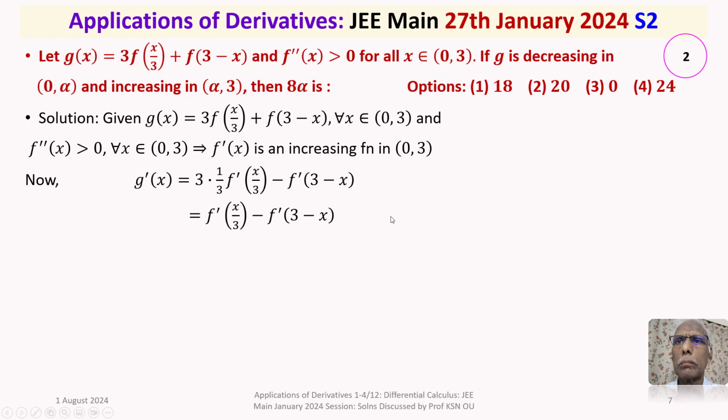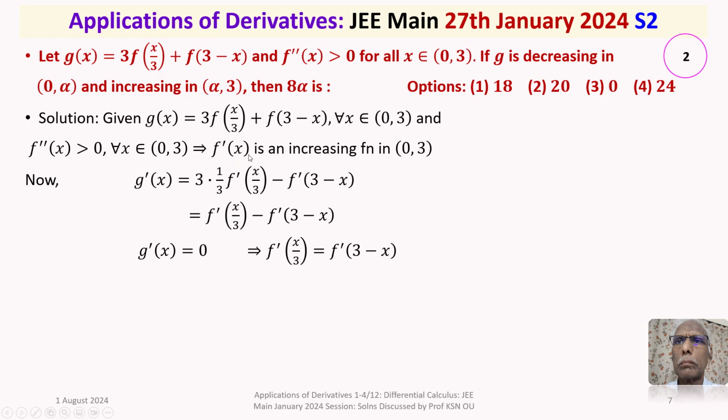Right. Now, to get the critical points, we put g prime x is equal to 0. That means f prime of x by 3 minus f prime of 3 minus x is equal to 0. That means f prime of x by 3 is equal to f prime of 3 minus x.